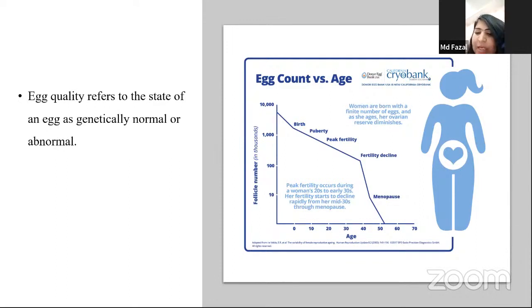From birth to puberty till menopause, there is a rapid decline in fertility after the age of 35 years, and 35 is the crucial number for a woman's fertility. So 35 is the indicator of pre and post fertility for a woman. Next.